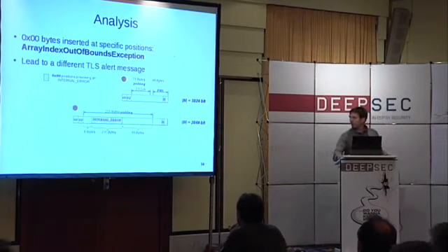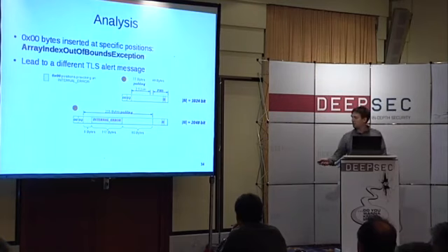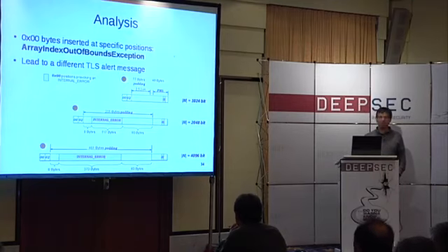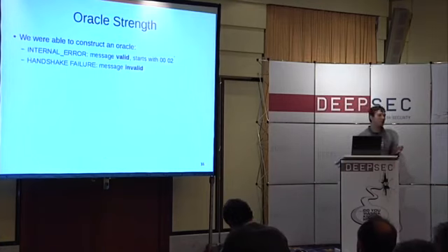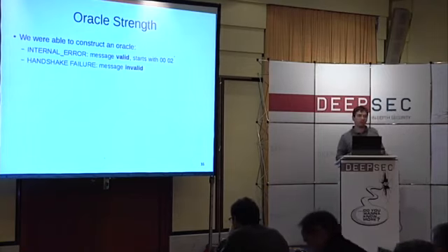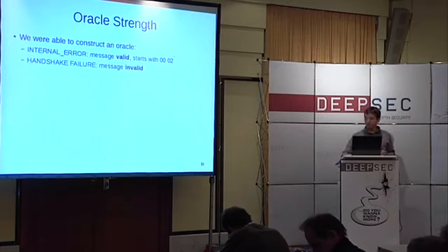This was interesting because with 2000-bit keys, we had more positions which provoked this internal error, 117 bytes, and with 4000-bit keys, we had more than 300 bytes provoking an internal error. So based on these error messages, handshake failure and internal error, we were able to construct an oracle. If there is an internal error, we know that the message starts with 0002, definitely; otherwise the message was invalid. This was the oracle that we could create.